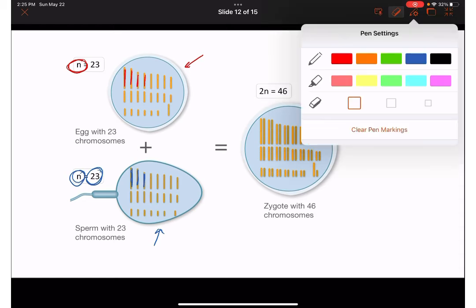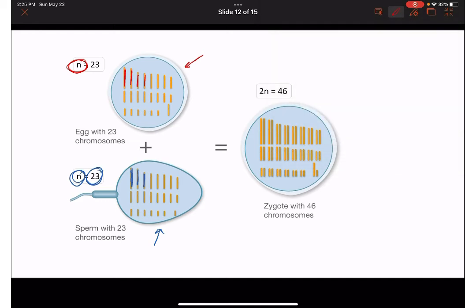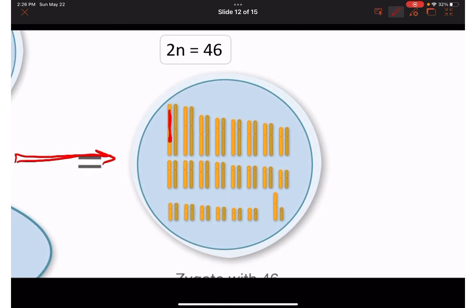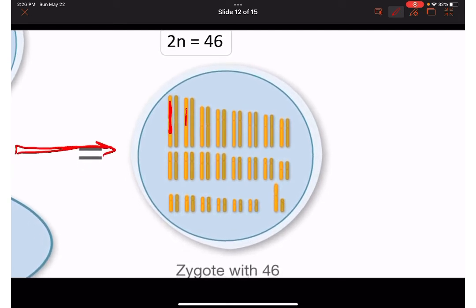But what happens with fertilization? During fertilization, the sperm and egg are going to combine their genetic material. Half of the chromosomes are going to come from the mother. And at the same time, half of the chromosomes are going to come from the father.